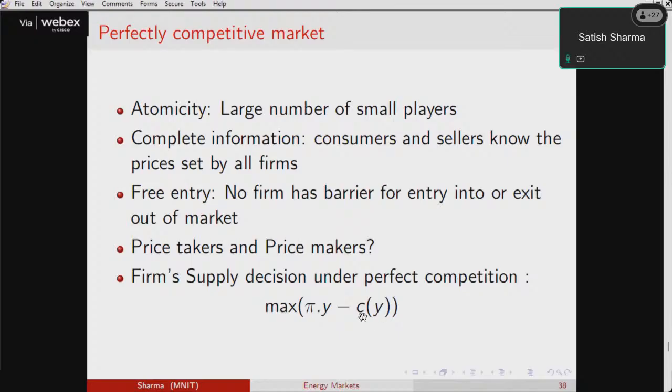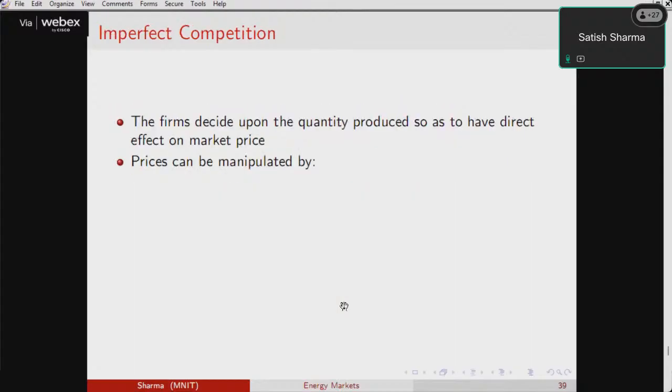Revenue minus cost is profit, so maximization of profit will be the decision of any firm under a perfectly competitive market.